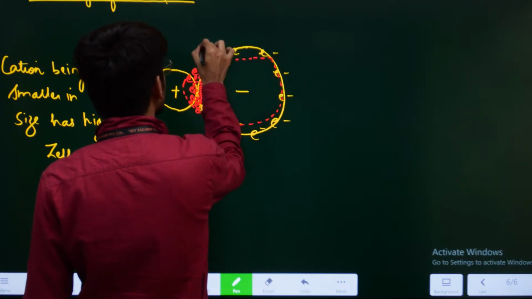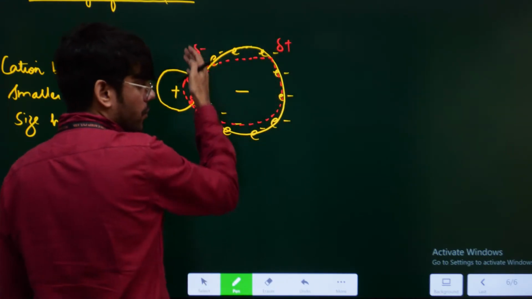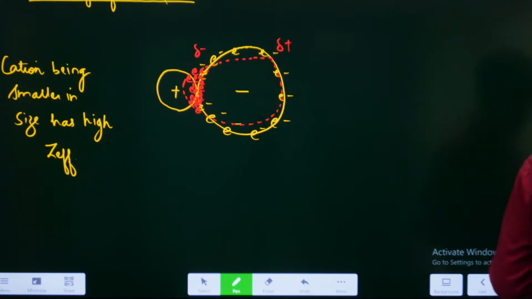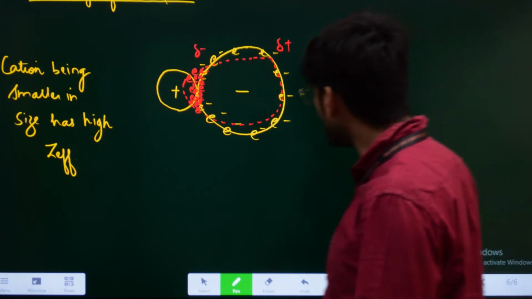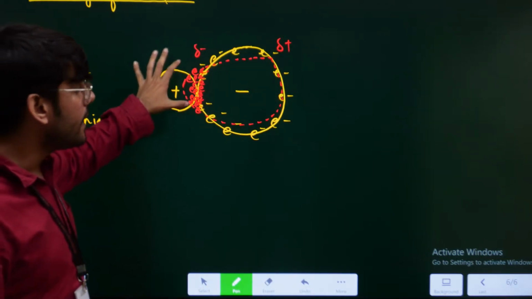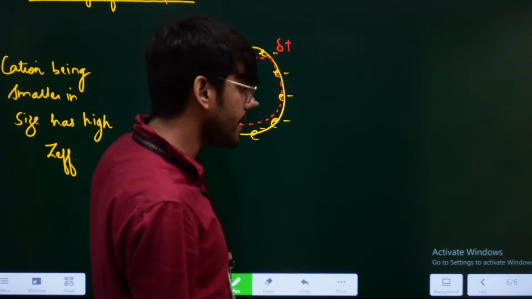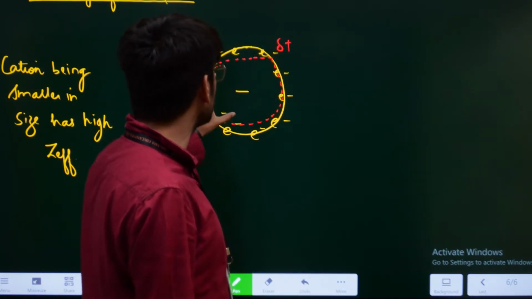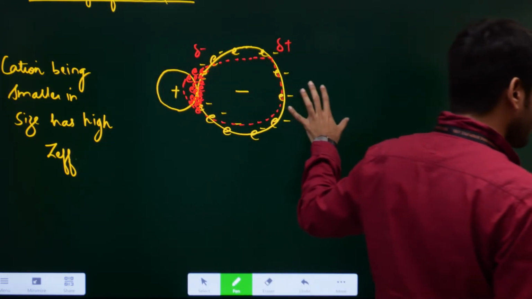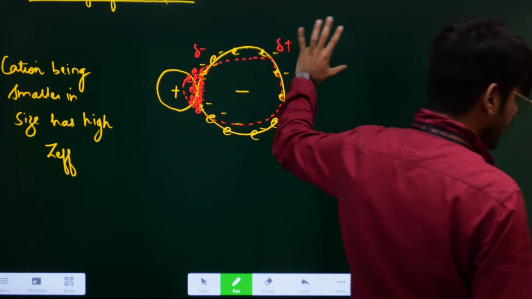This is my negative end and this is my positive end, positive with respect to this one. Tell me if this is clear. So a small cation distorts the electron cloud of the larger anion towards itself, due to which a hypothetical polarity is generated. I am writing partial negative here and partial positive here.